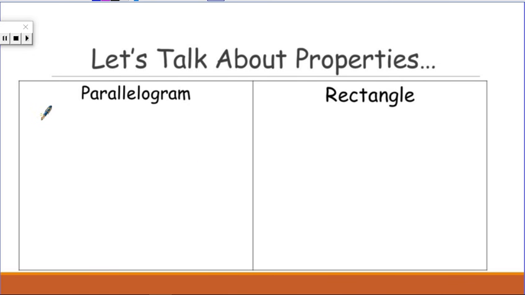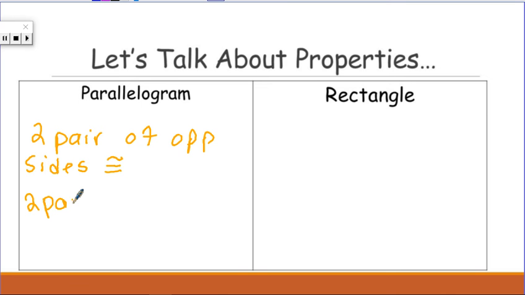So let's talk about these properties. A parallelogram has 2 pairs of opposite sides that are congruent. The parallelogram also has 2 pairs of opposite angles that are congruent.